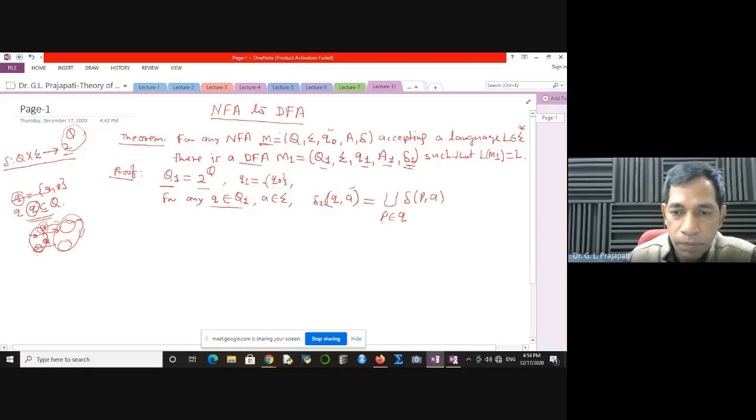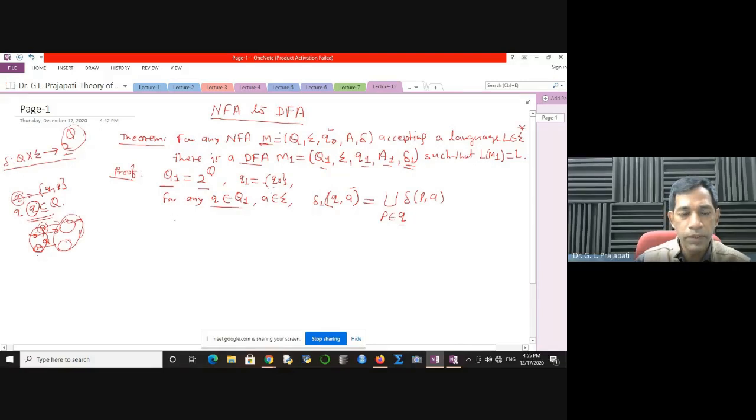P belongs to Q, and you know that P is some subset of Q. This means for every element of this set, you need to see where your machine goes from that state on the input A, and then finally you make the union. This is the state your machine goes to in the case of the DFA. This is the way you define the transition on behalf of the transition of your NFA.